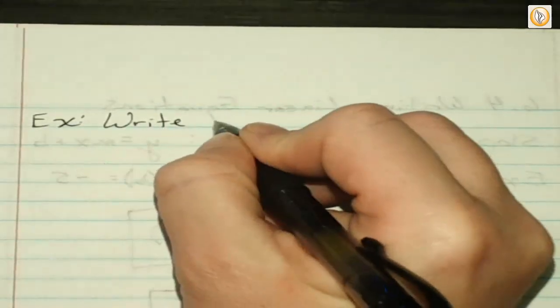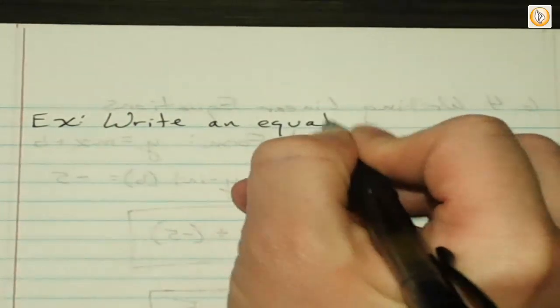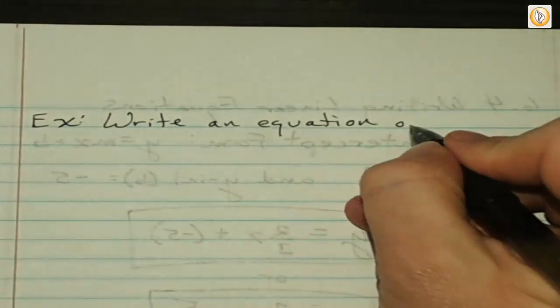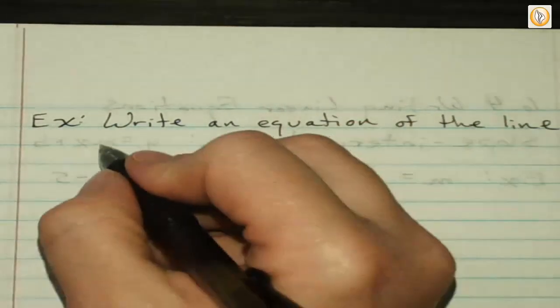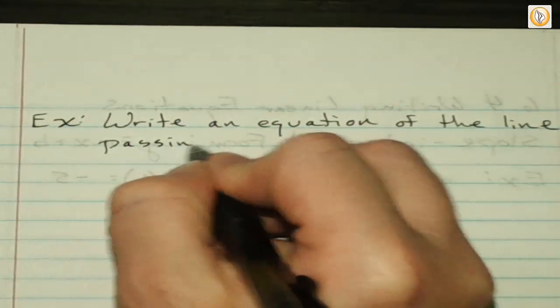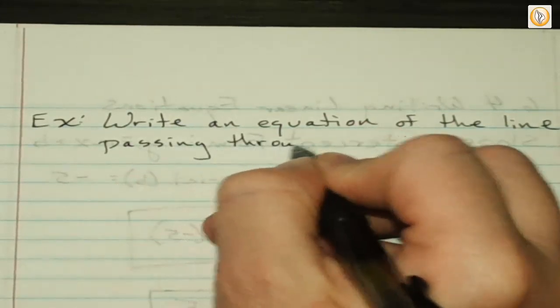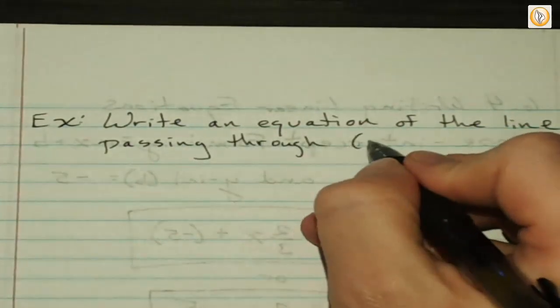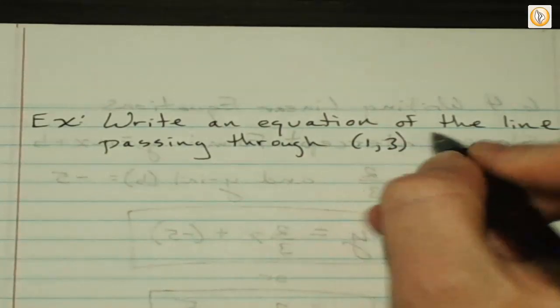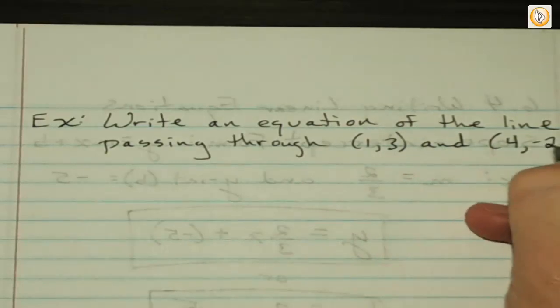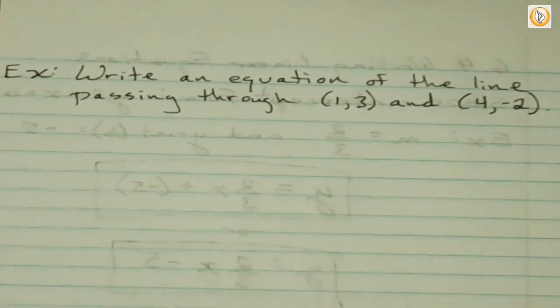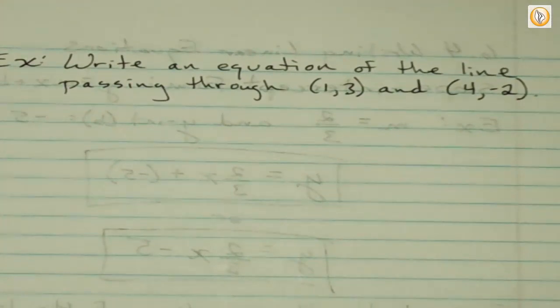Write an equation of the line passing through two sets of ordered pairs. So we're doing the same thing, but it's going to be a little bit different. This time they didn't give you the y-intercept, and they did not give you the slope.